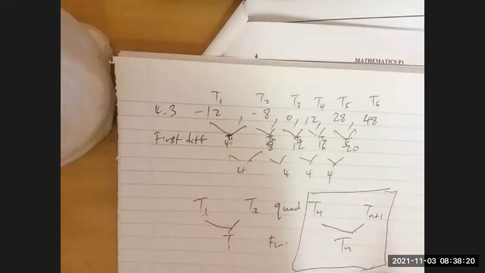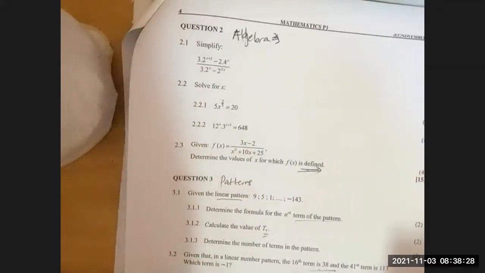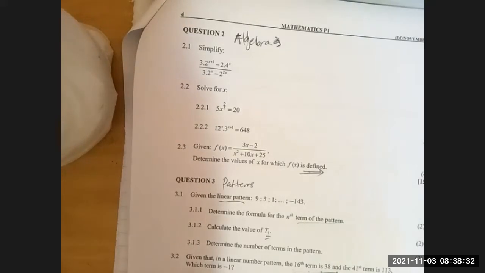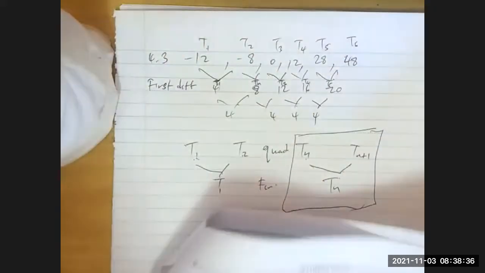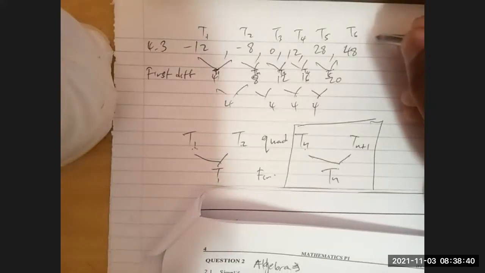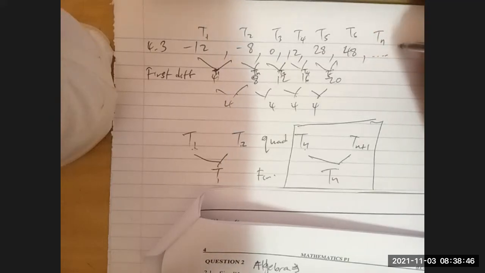What is it saying to us? The question says, between which two consecutive terms does the first difference of 192 lie? So we all understand that on our pattern we're going to have a certain term, which is Tn, and then the next term that is going to follow it is going to be Tn plus 1.